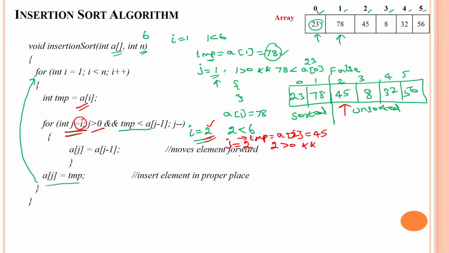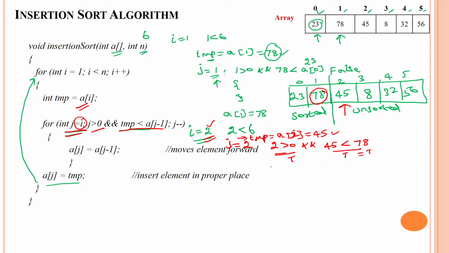Now inside the j loop, j equals 2, and 2 is greater than 0. Then temporary less than a of j minus 1: temporary is 45, and a of j minus 1 is 78. So 45 less than 78 is also true, so true and true will be true.